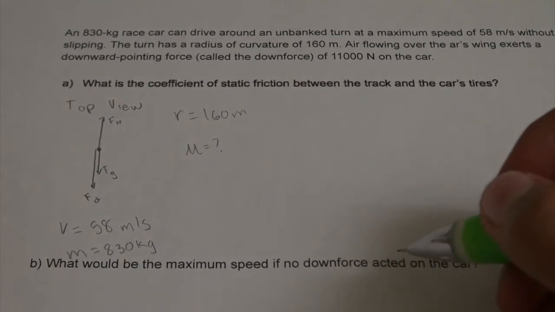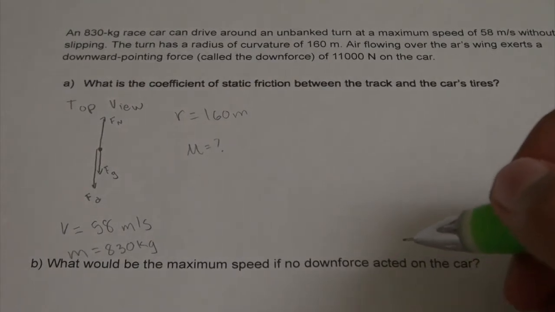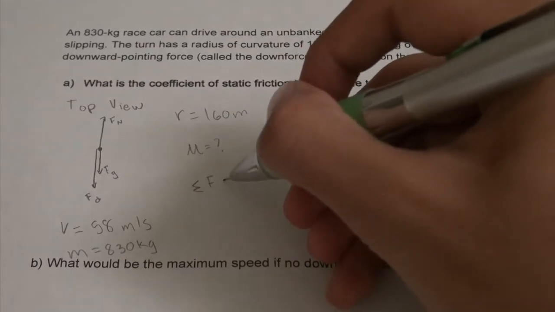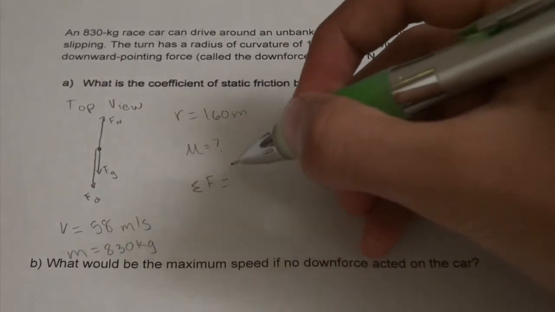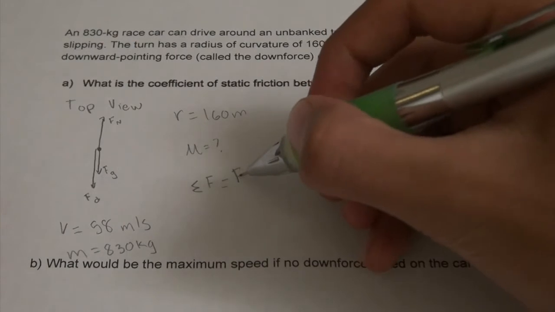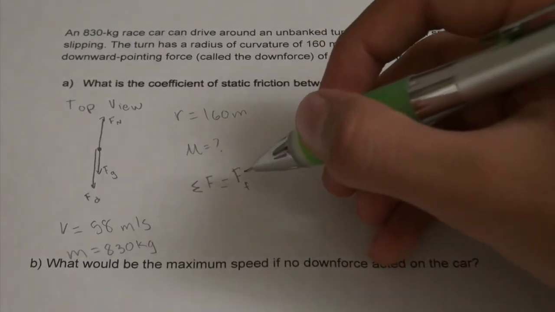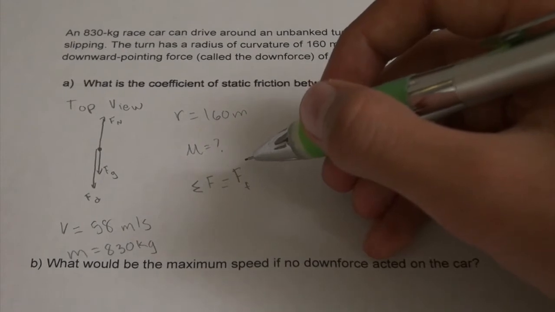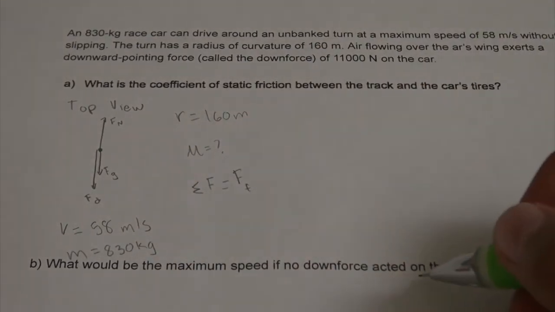Let us make the equation for the net force. Net force is equal to force of friction, because this is the only horizontal force acting upon the car. All the other forces are vertical and cancel out.